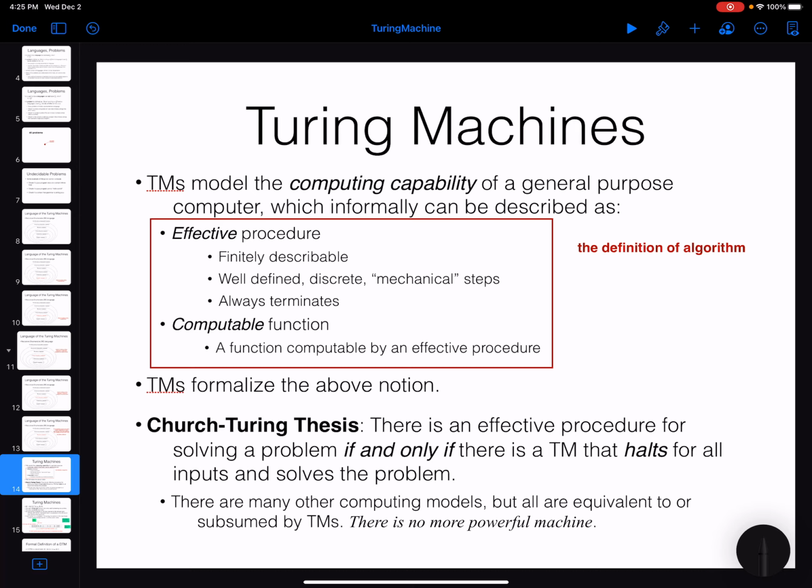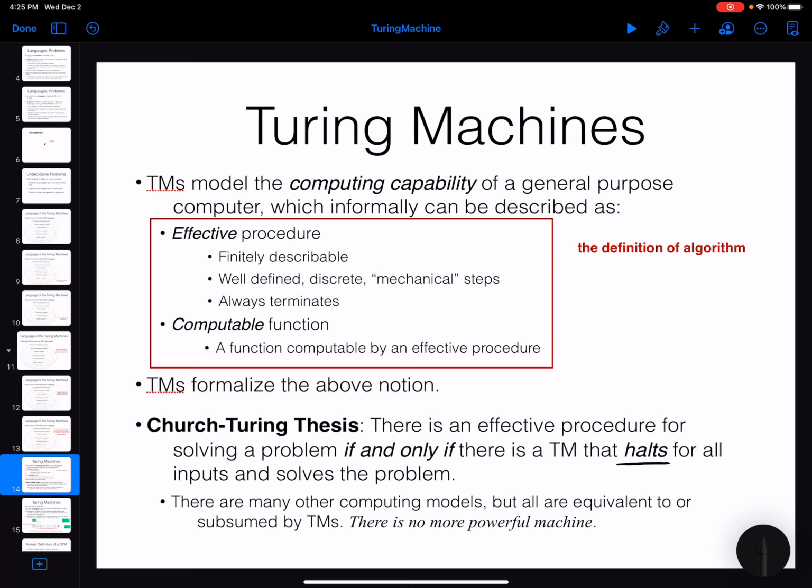So I'm emphasizing this "halts." I know that you don't know the definition; I'm going to discuss it after I give the definition for the Turing machine. So I'm again trying to say that all the problems that can be computed, all the problems that you can write an algorithm for, all the decidable problems can be represented using a Turing machine.